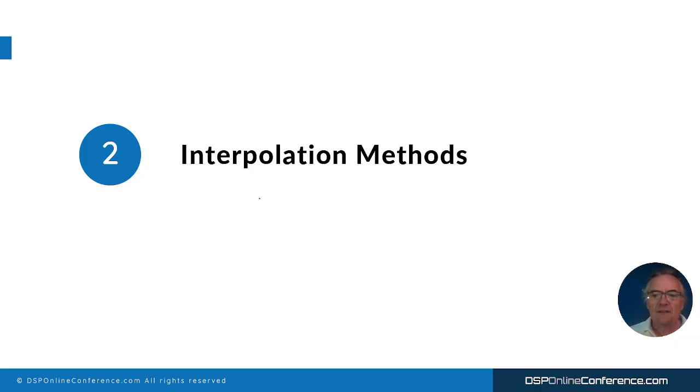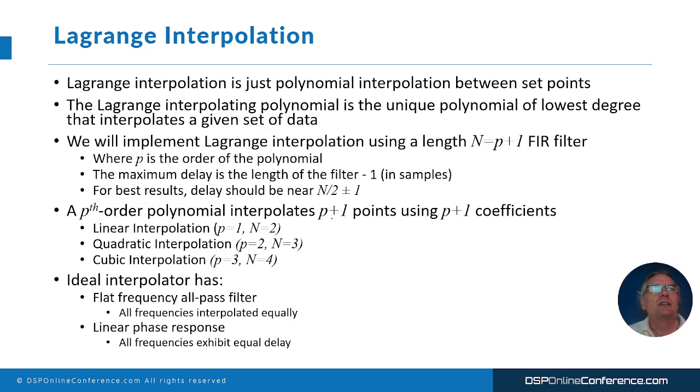So, before we go on to look at the Farrow structure, I'm going to present a few different interpolation methods that are very common that we might like to use. The first one I'm going to talk about is Lagrange interpolation, which is just polynomial interpolation between a set of points.